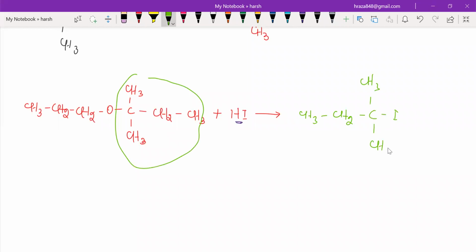And with the other alkyl group, there will be formation of alcohol. That means propanol. Got the same answer? Yes, sir.